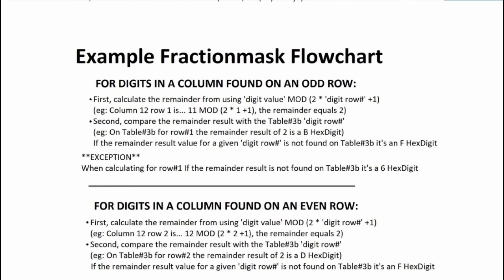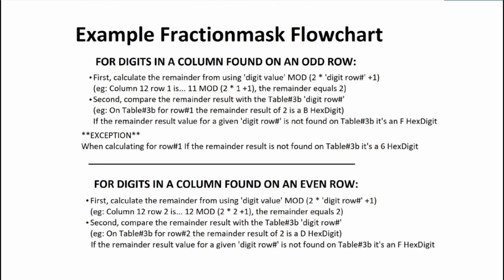Example fraction mask flowchart. For digits in a column found on an odd row. First, calculate the remainder from using digit value mod 2 times digit row plus 1, i.e. column 12, row 1 is 11 mod 2 times 1 plus 1. The remainder equals 2.